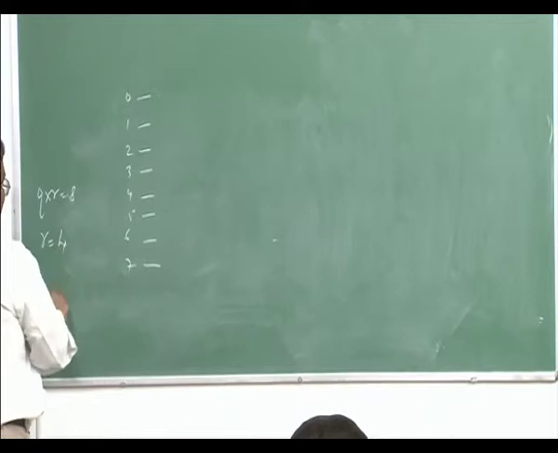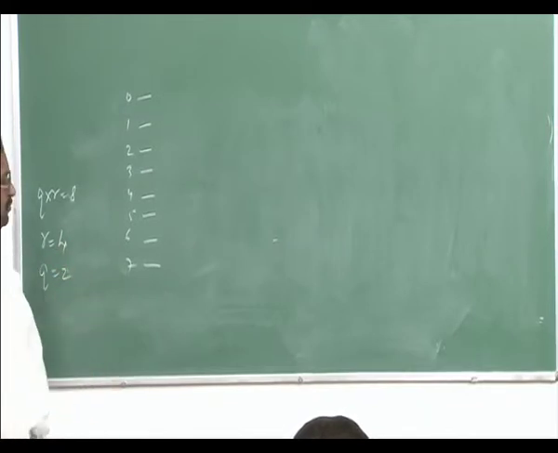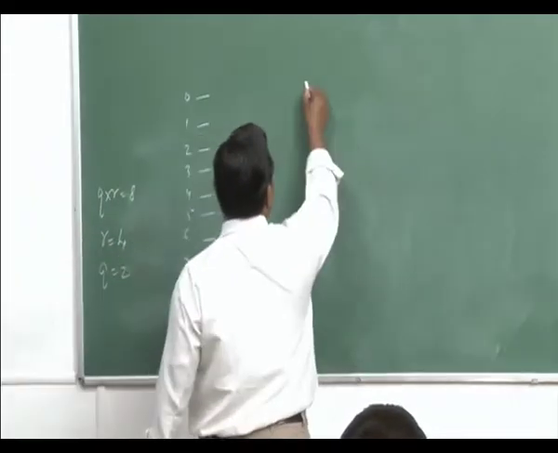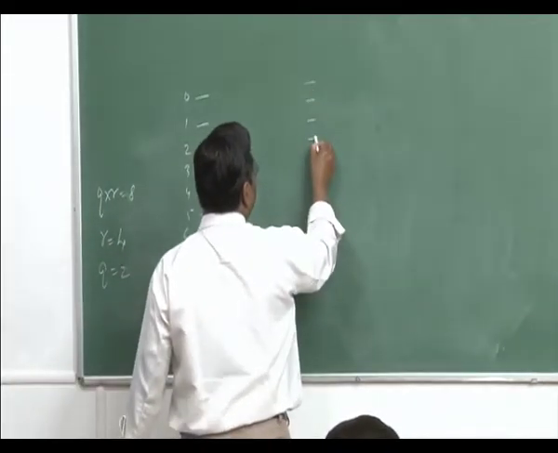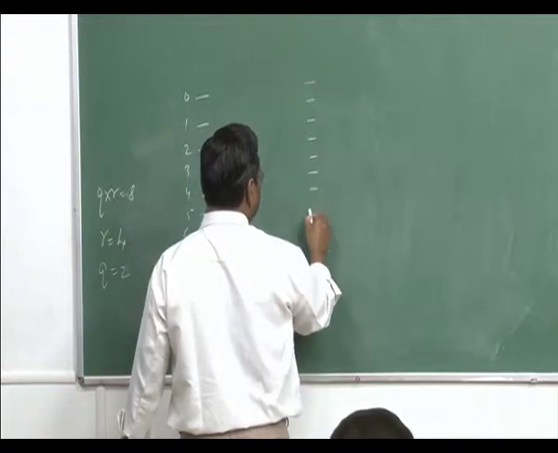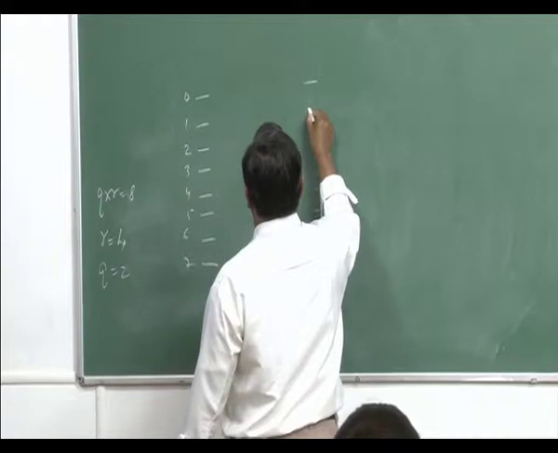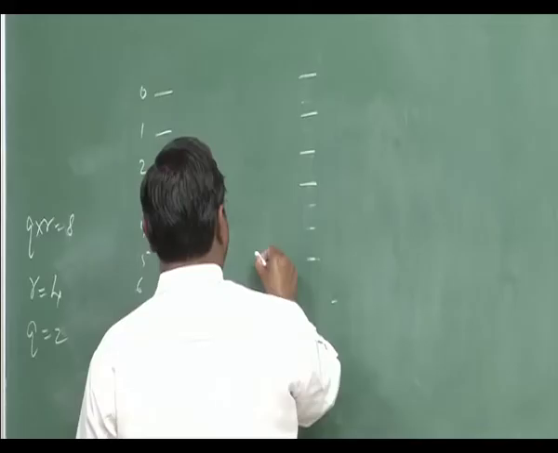What is R? It is 4, Q is 2. So, I have correspondingly the numbers here 0, 1, 2, 3, 4, 5, 6, 7. Let me just do it parallelly.